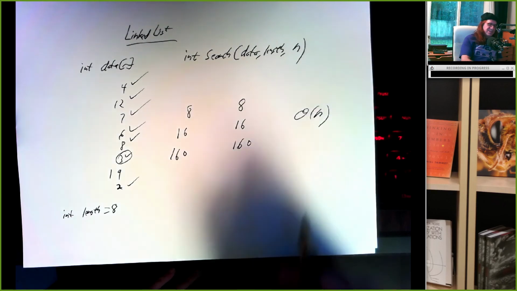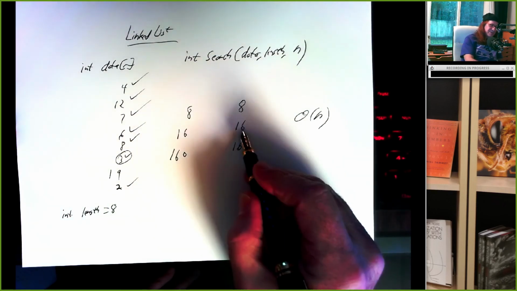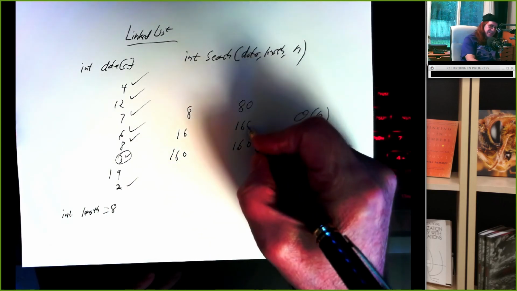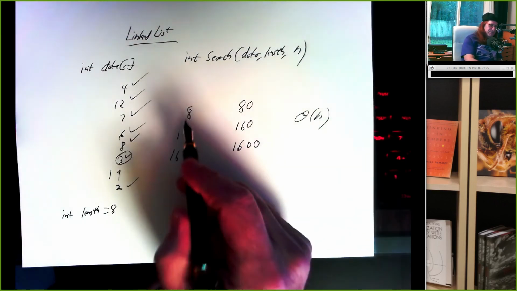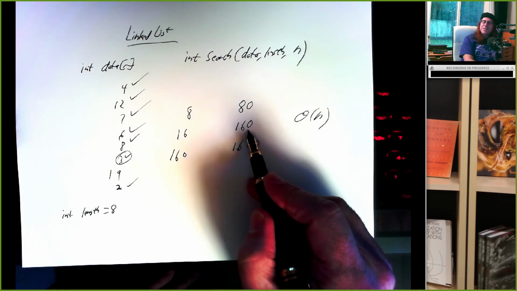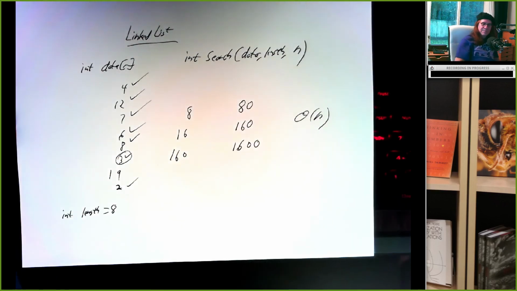The thing that makes it order n is not that this matches this. It's that doubling this doubles that. So if this took 80 steps and this took 160 and this took 1600, it's still order n. When we doubled the number of data, we doubled the number of steps that had to be performed. That's what makes it order n. So that affects the total time, but it doesn't affect the order of complexity.